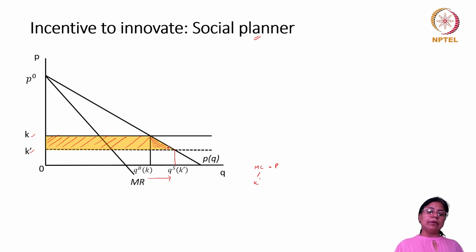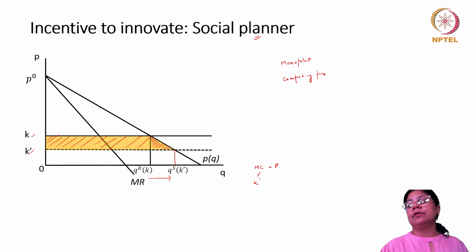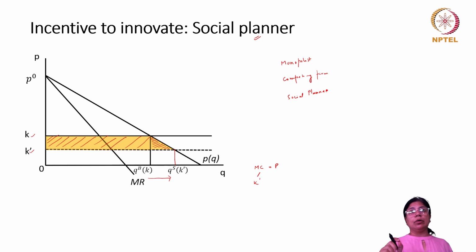So from a social planner's point of view, clearly the gains are much larger. Earlier we compared a monopolist, a competing firm in perfect competition, and then a social planner. So what are the reasons for the diversion in the result which we are getting?